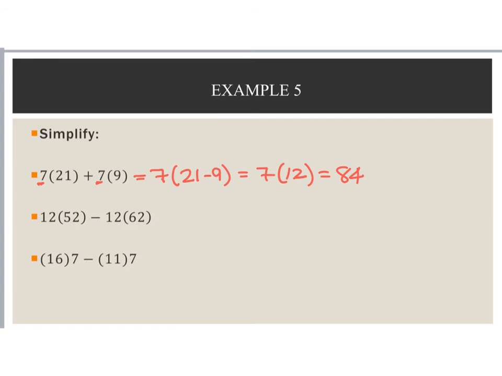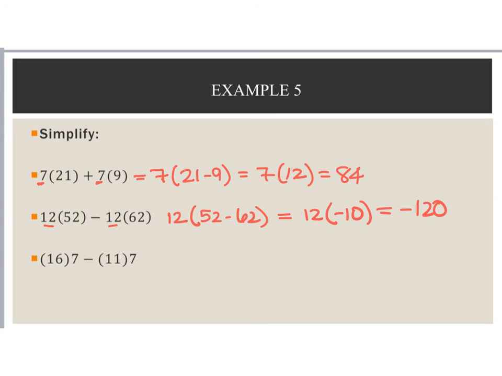Likewise, for the next part, we have 12 is being multiplied by both of these. So I have 12 times 52 minus 62. So this is really going to give me 12 times a negative 10, which would give me a negative 120.